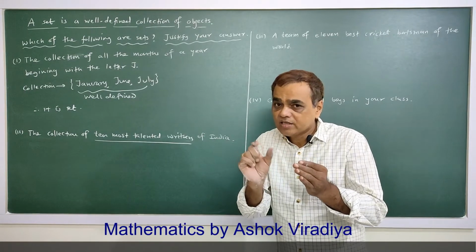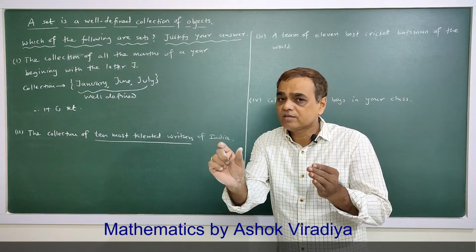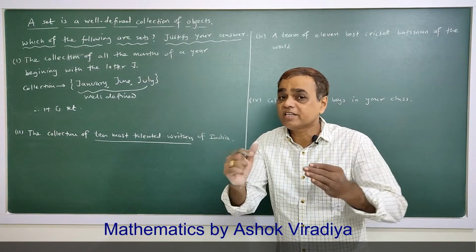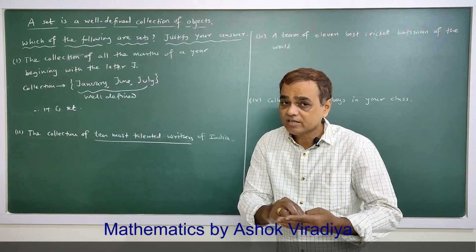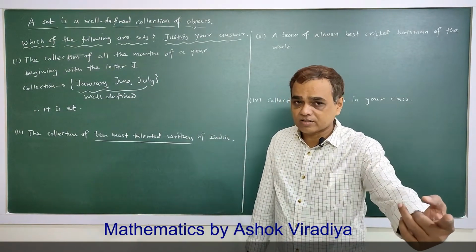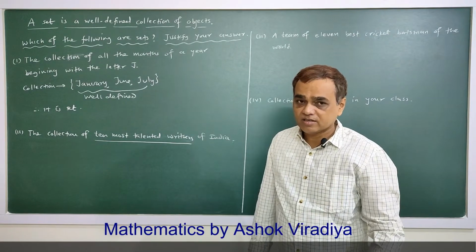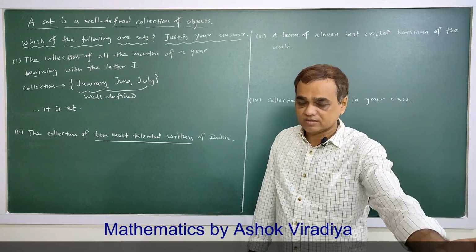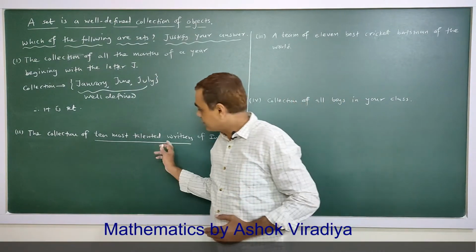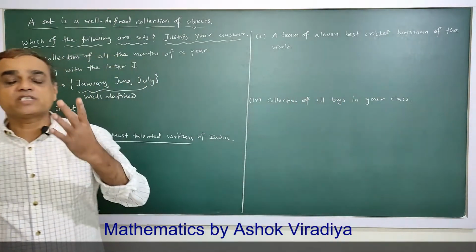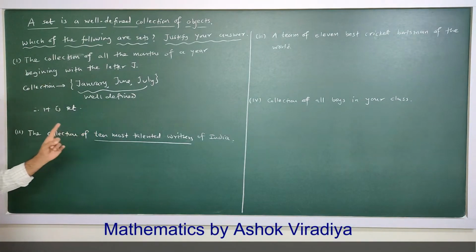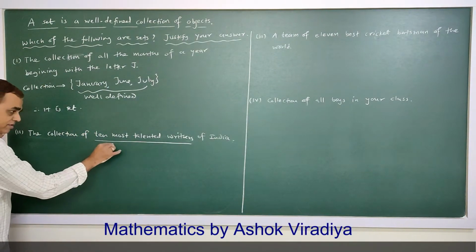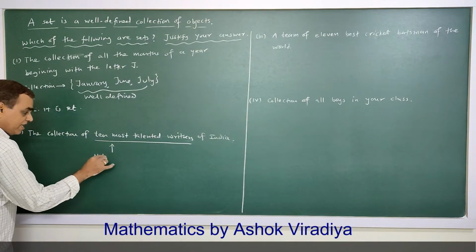In my list, Chetan Bhagat is the most talented writer. But it is not necessary that you will also like Chetan Bhagat. It may be possible that in your list there is no Chetan Bhagat. So this will vary from person to person, depending on your choice. So this is not a well-defined collection.